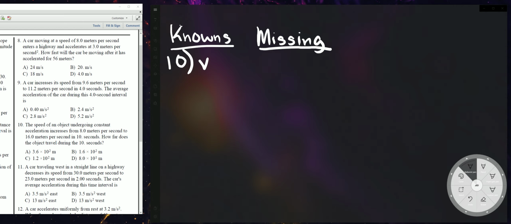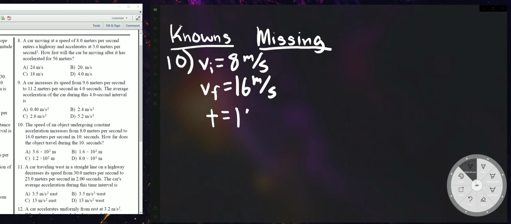So we know it's going to be initial velocity, 8 m/s, to vf, 16 m/s. Okay? So t is going to be 10 seconds. So it says in 10 seconds. So how far does the object travel? You're trying to figure out your distance traveled.